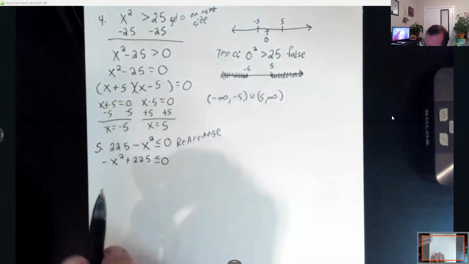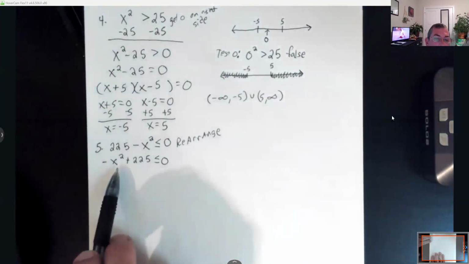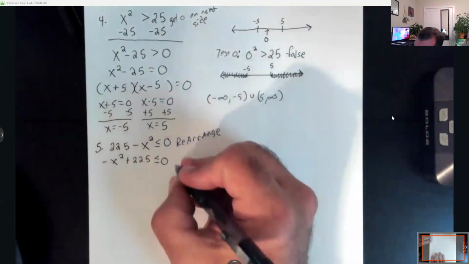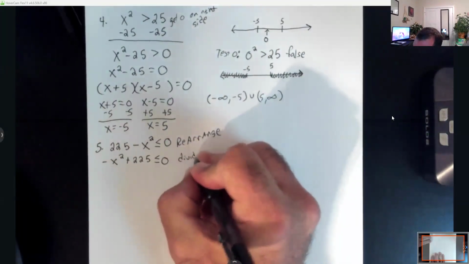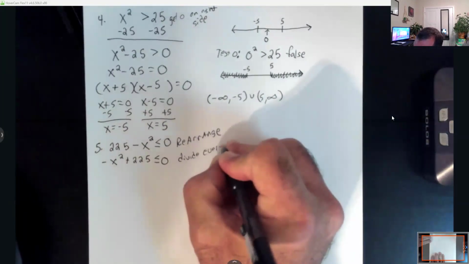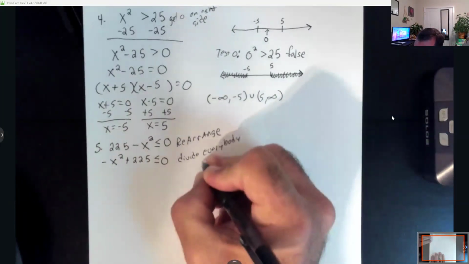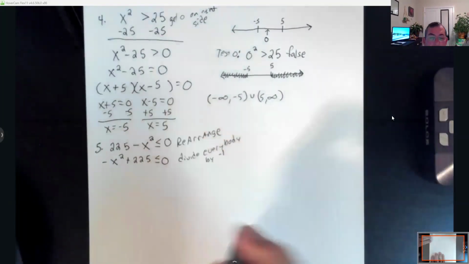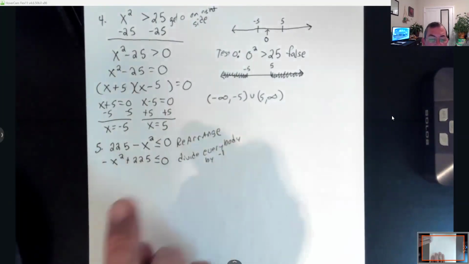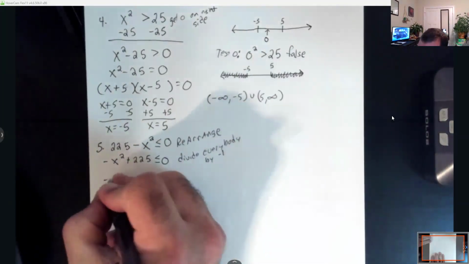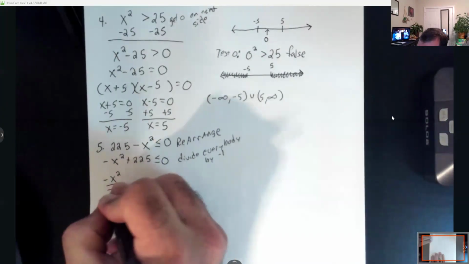Now, another thing we want to do, we don't want the x squared term to be negative. So at this point, we're going to divide everybody by -1. We're going to divide all 3 of these by -1 so that our x squared becomes positive.